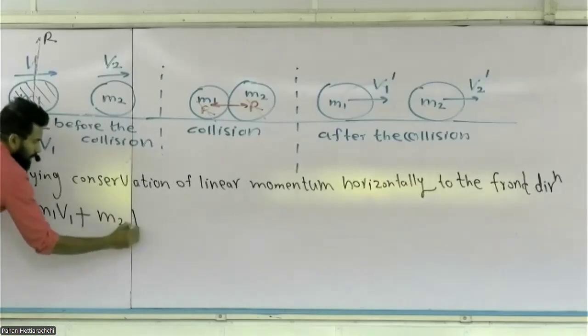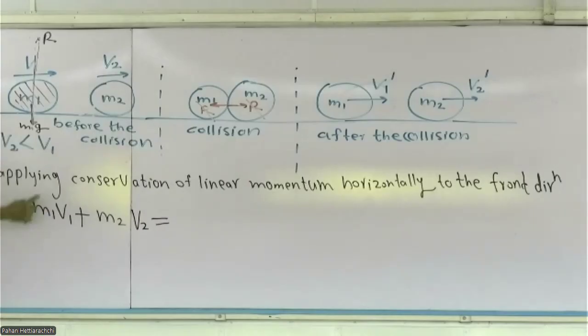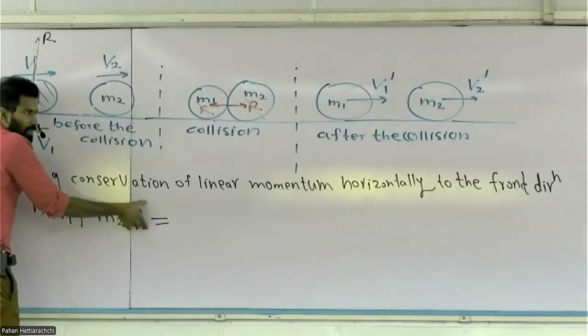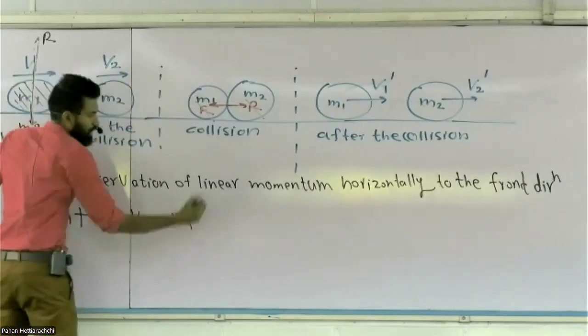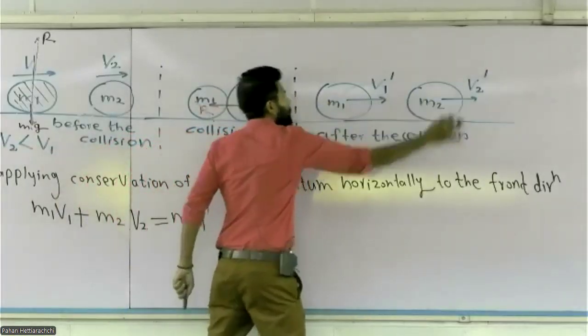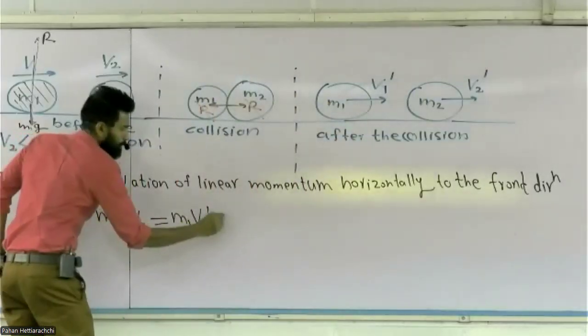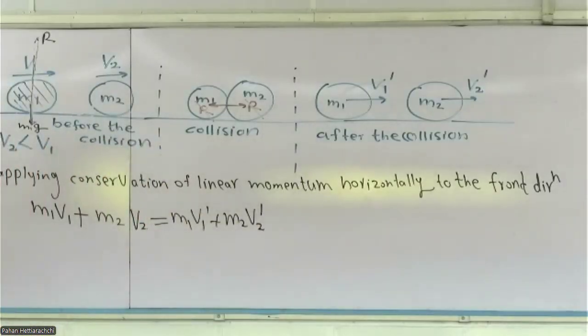So these are the initial momentums, m1 into v1 and m2 into v2. They are equal to the final momentums: m1 into v1 dash, and the other, m2 into v2 dash. So this is the conservation of momentum for a system of masses.